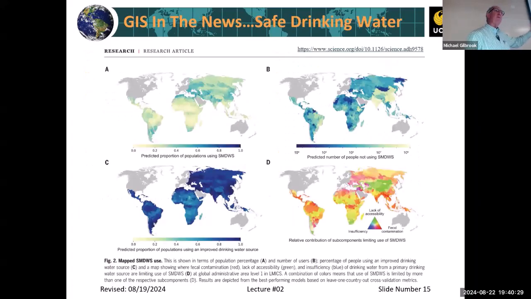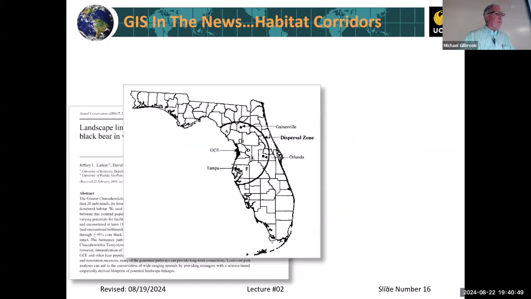Maps were the way they communicated their results to the people who read their article. That wasn't the end result. They're more interested in trying to figure out how many people are actually getting good drinking water and how many people are having to deal with bad drinking water. That's the problem. The map is the way you communicate that to other people.